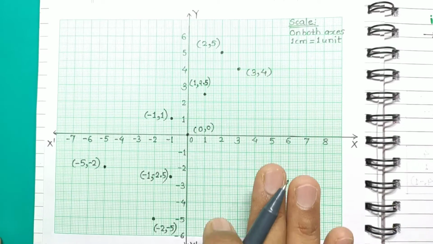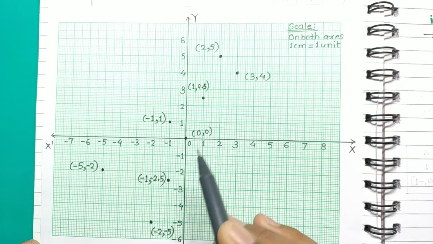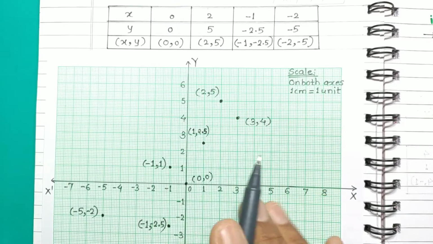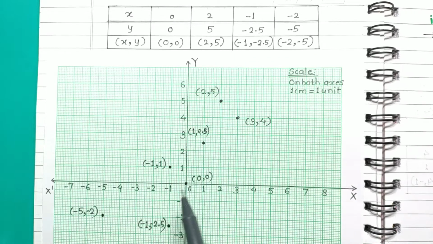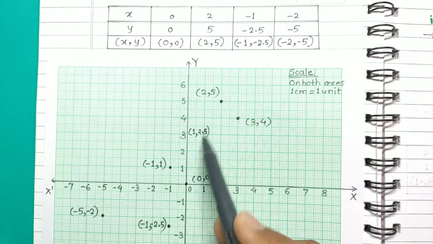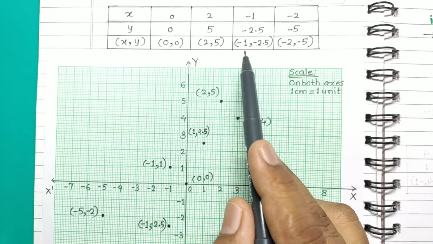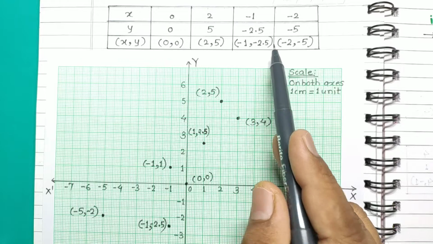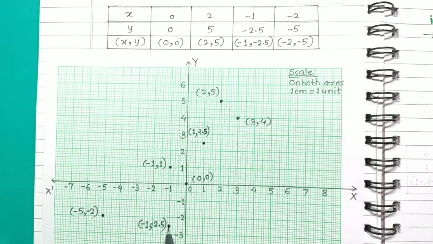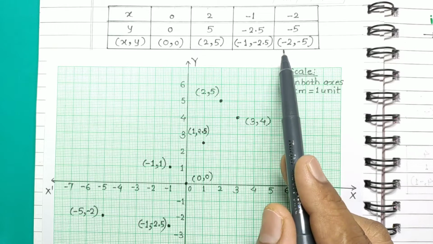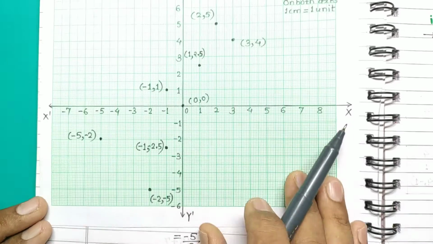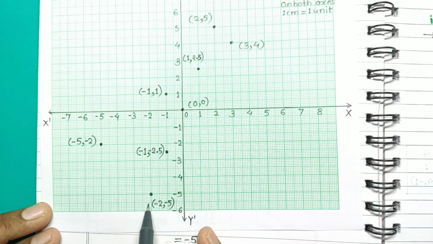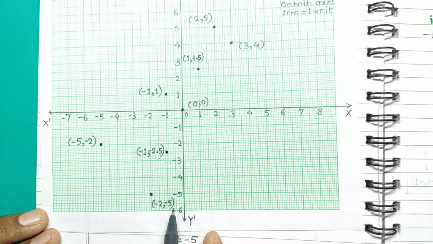Students, see here, the points required to draw the graph of the second equation are the origin, this point, then 2 comma 5, which is here, then minus 1 comma minus 2.5, so it is in the third quadrant, and the last point is minus 2 comma minus 5, which is also a point in the third quadrant.